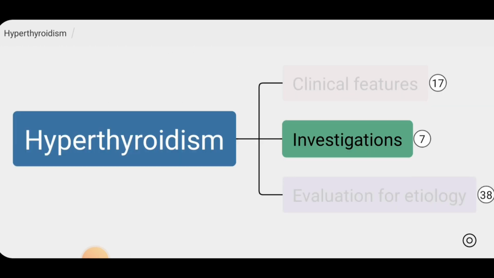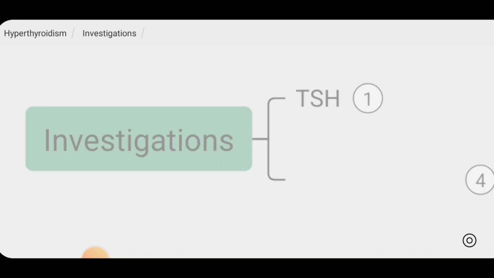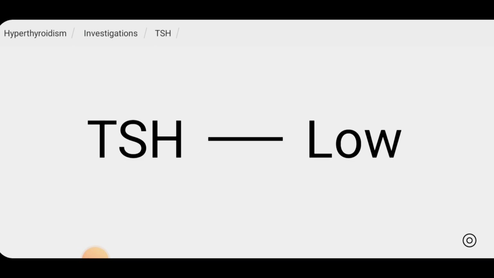Then let's look at the investigations. As initial investigations, we can do TSH level in these patients if we suspect hyperthyroidism. Obviously the TSH level will be low because the T3 and T4 are high, so they inhibit the secretion of TSH.